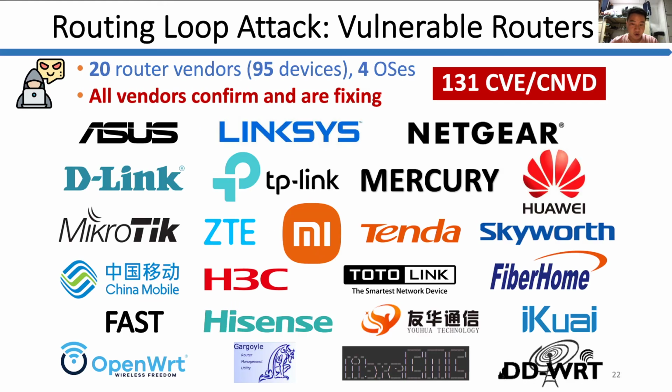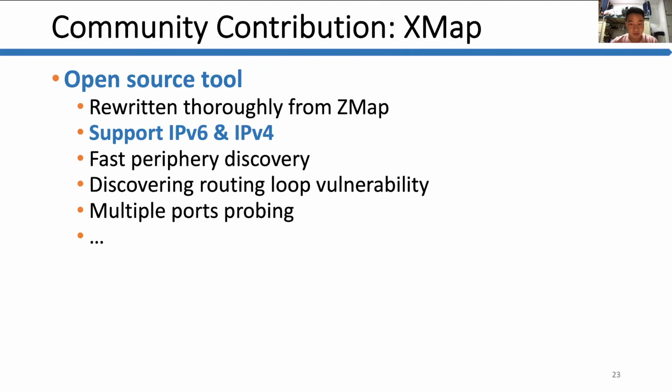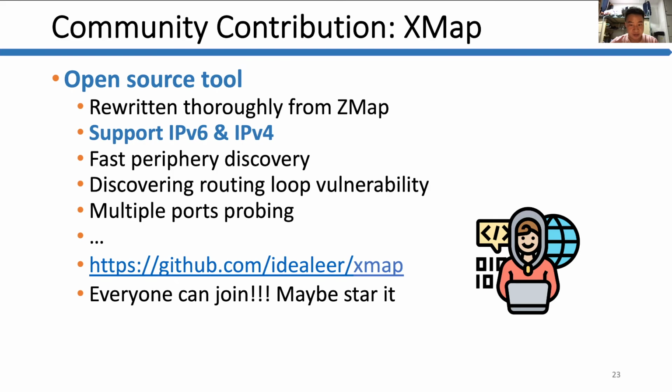As shown before, we received 131 vulnerability numbers because we just bought 99 devices, and all vendors confirmed the attack and are fixing it. Besides, we developed the network scanning tool XMap and open sourced it, and anyone can join.